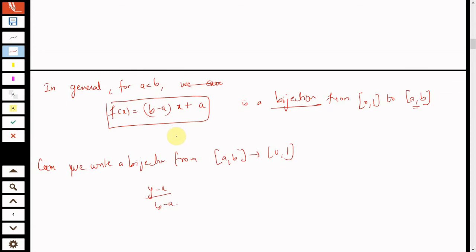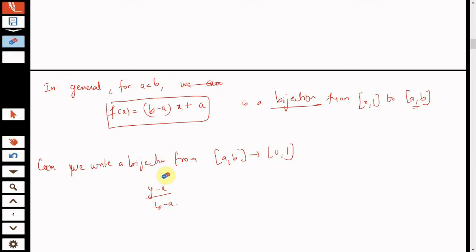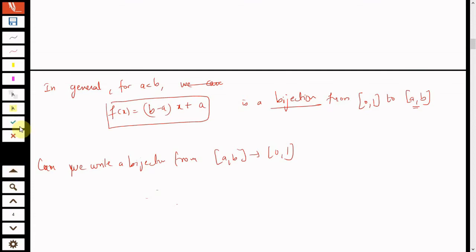And if you find out the inverse of this, let's try it out. So let me wipe this part. Since we know that this is a bijection, we can find the inverse of this. So what I'll do, I'll write down y to be equal to b minus a into x plus a. I want the expression of x in terms of y, and that is going to be the inverse of this map.